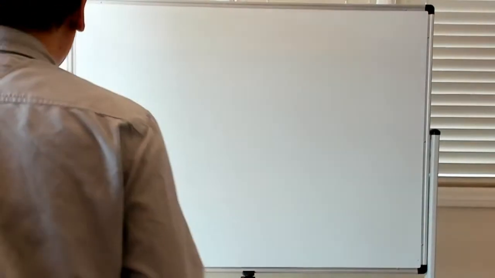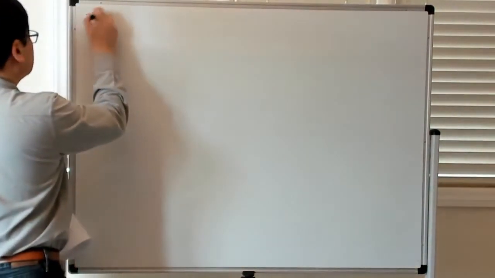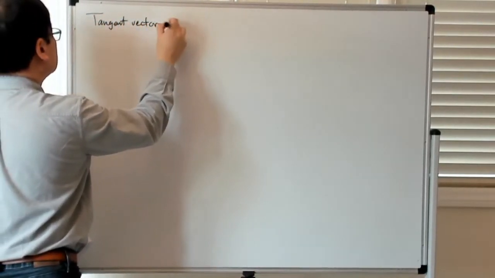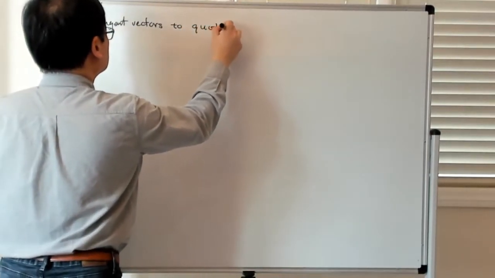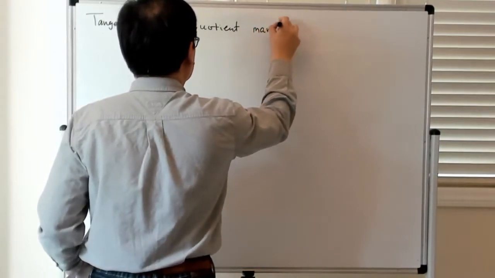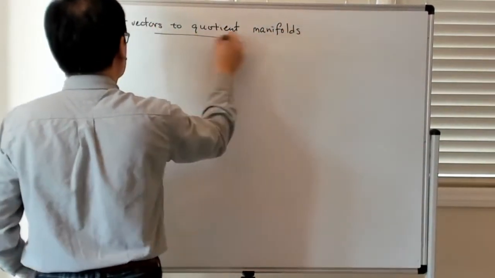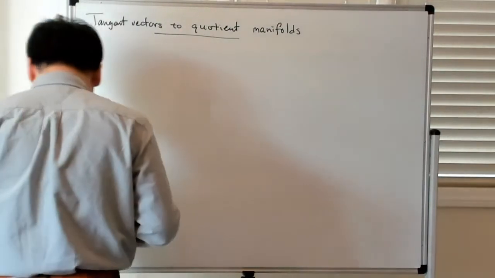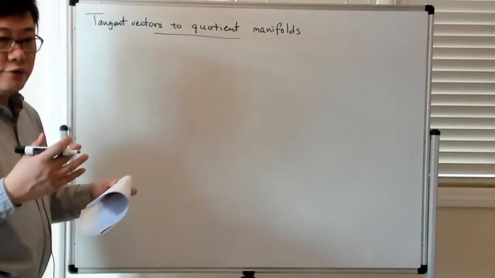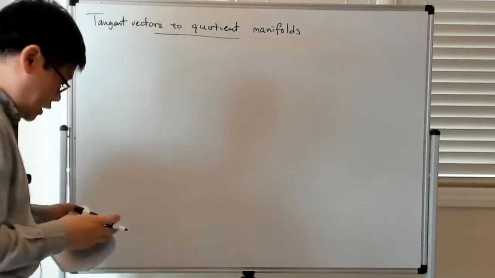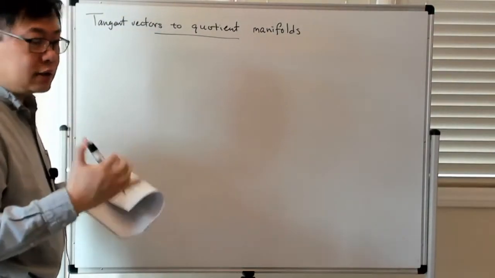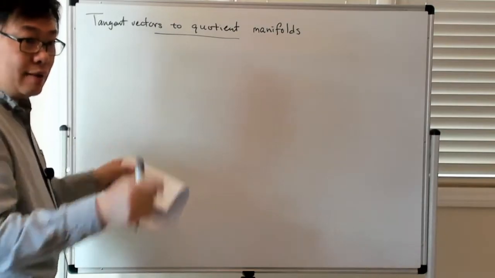All right, so now we're going to talk about tangent vectors to quotient manifolds. Okay, and so we saw before that if you have tangent vectors of a submanifold which is embedded into a vector space, you can view them as essentially the usual classical notion of a tangent to the embedding of the curve.